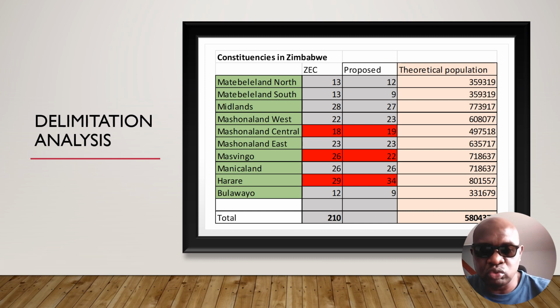If you wanted to find the average constituency population, we divide this by the number of these seats in parliament to get the constituency population.